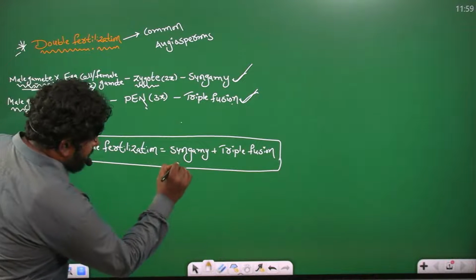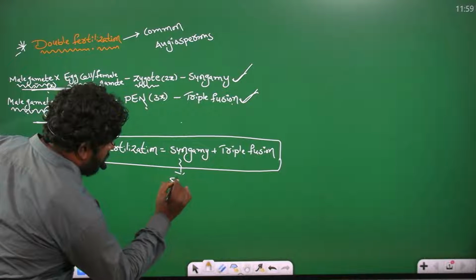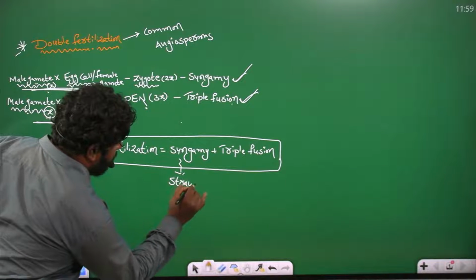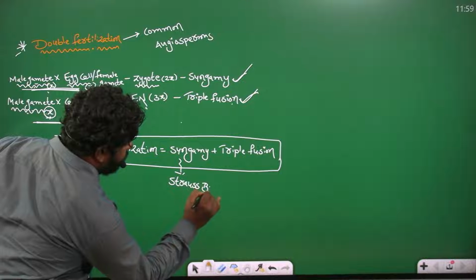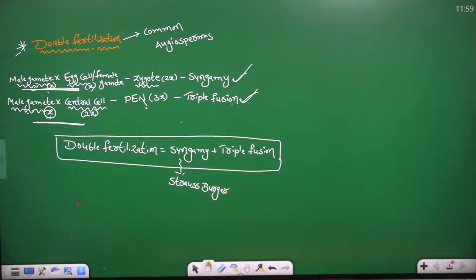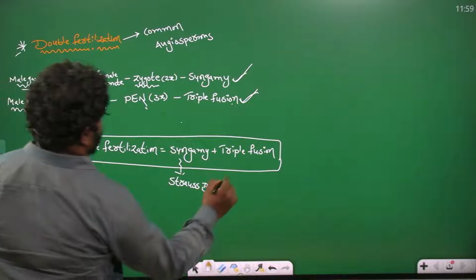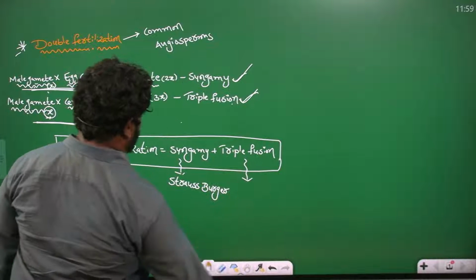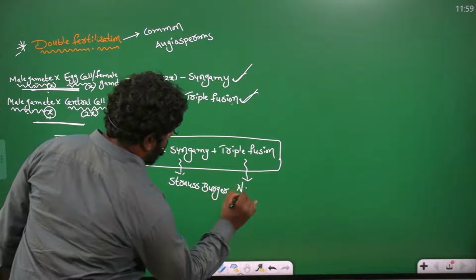And see, syngamy was discovered by the scientist Strasburger. The discovery of syngamy, credit goes to Strasburger. And the discovery of triple fusion, credit goes to Navashin.